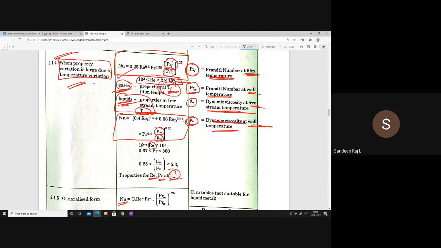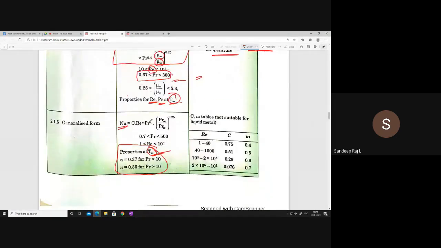This is 10 to 1 lakh, and the Prandtl number value also has to be taken care of. Based on that, you will have to solve the problem. I'm leaving it for you to solve, so choose accordingly and solve it for yourself. Even in the next generalized case, you have all this stuff. With that, I complete the cylinder part.